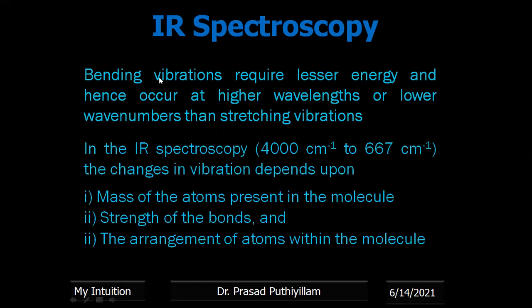Bigger atoms are difficult to move; smaller atoms move faster. If it is a single bond, it is easy to vibrate; if it is a double or triple bond, it is difficult to vibrate. The arrangement of atoms, any other substituent effect, the electronic effect, everything will influence the IR radiation absorption.